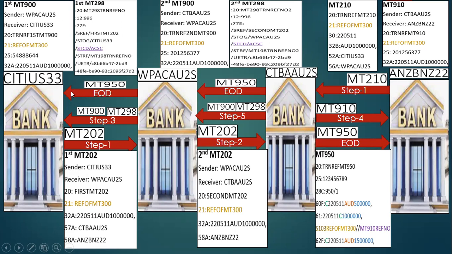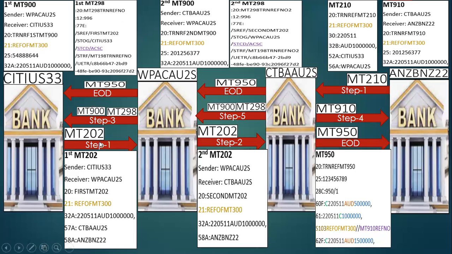So instead, Citibank US will use its currency correspondent relationship with Westpac AU2S, which is an Australian bank. Citibank has an Australian dollar account with Westpac AU2S, right?